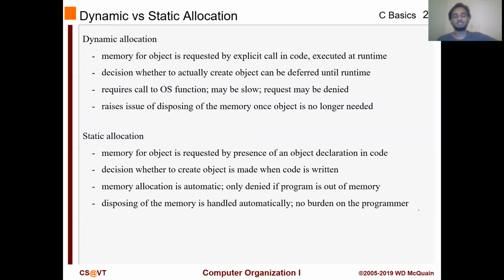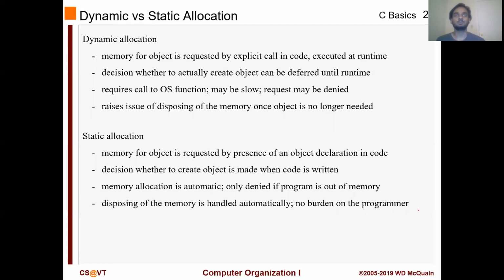Static allocation: memory for an object is requested by the presence of an object declaration in the code. So whatever you wrote in the code is going to be statically allocated. Space for that is going to be set up from the beginning. The decision whether to create the object is made when the code is written. Memory allocation is automatic, only denied if the program is out of memory.